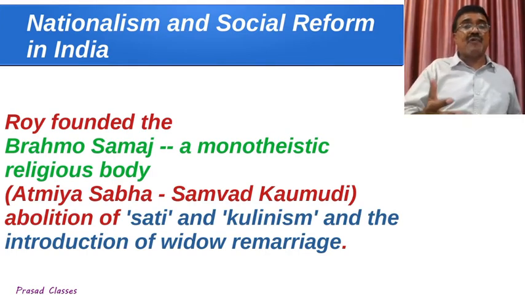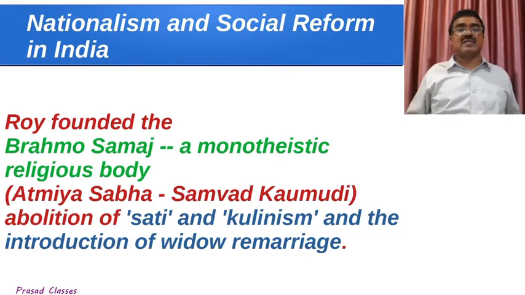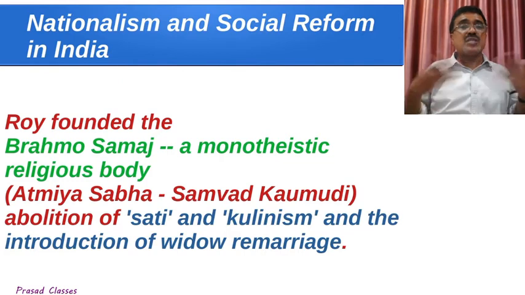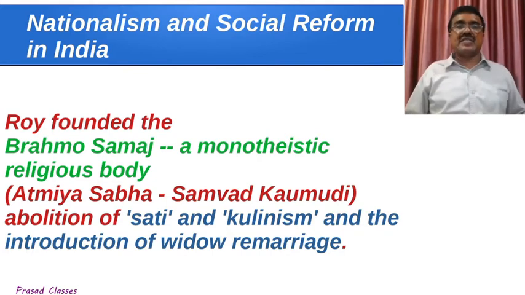ardently debated for the abolition of certain practices like sati and Kulinism, and for the introduction of love marriage. Sati, you all know, was abolished by legislation during British rule itself, right? Raja Ram Mohan Roy was in the forefront of fighting for such an abolition.